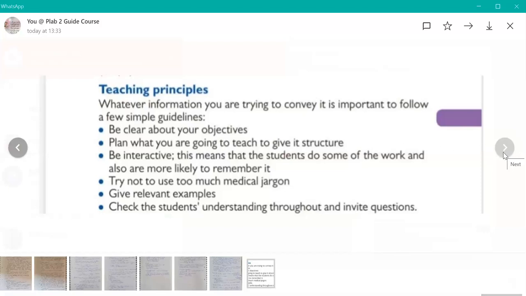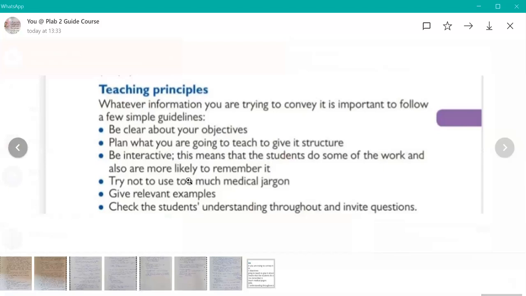This is extremely important, and you can finish by giving relevant examples. It's always extremely important to explain things rather than just read them, because what is the difference between a teacher and a student? I have this information in front of me.